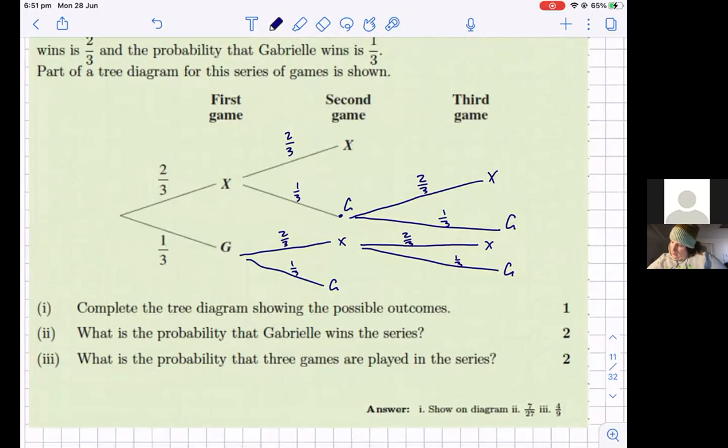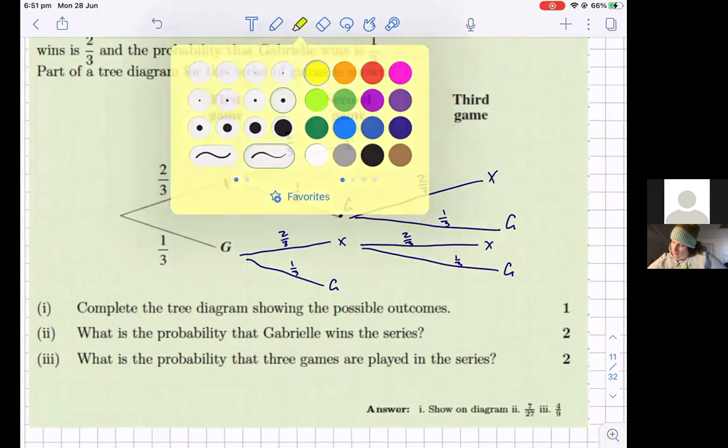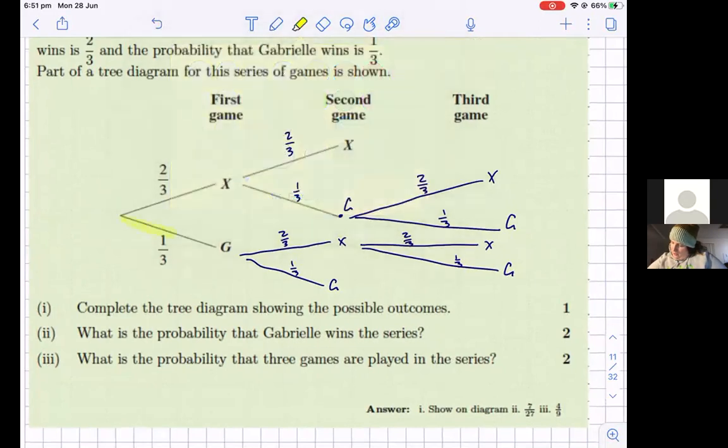Well, we've got a few different situations. She could win the first game and the second. She could lose the first game and win the second and third. Or she could win the first, lose the second, win the third. There's no other situation. They're the only situations where I have her winning.